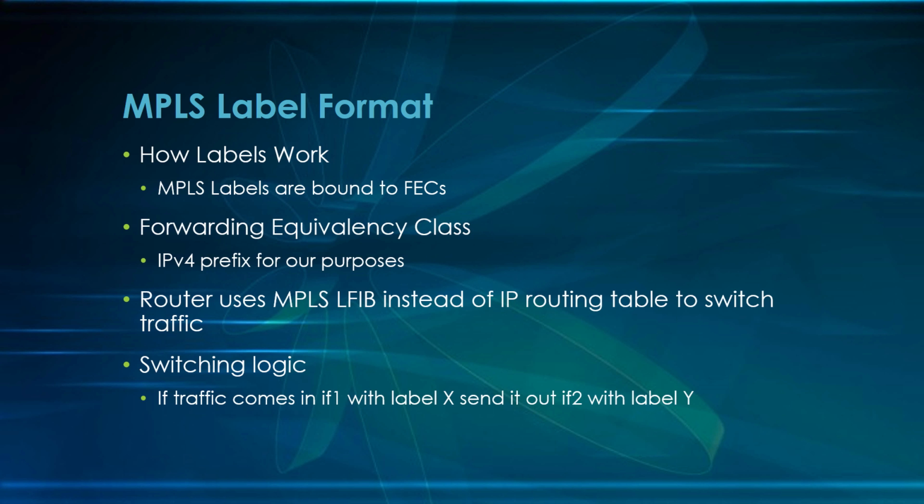Every router uses what they refer to as a label space. The label space, there's technically two of them. You have the platform wide and you have the interface specific. The platform wide is used by most Cisco routers where all the interfaces of the router are pulling from the same label distribution protocol label pool.